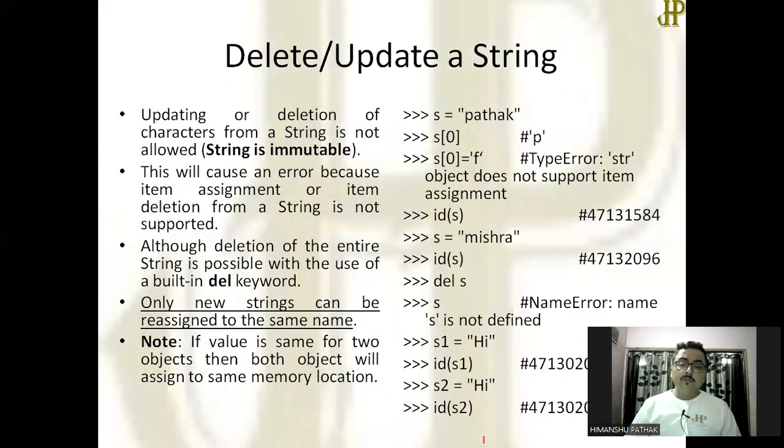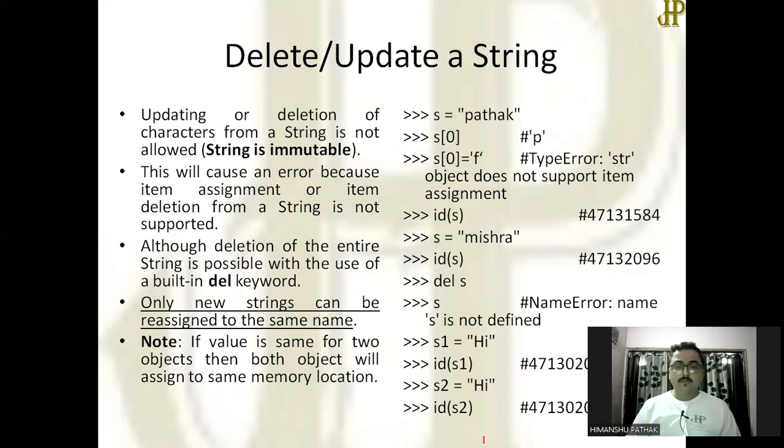As we know that string is an immutable object, and immutable means not changeable. So we cannot change the elements of the string once initialized or once created. However, you can delete the whole string.